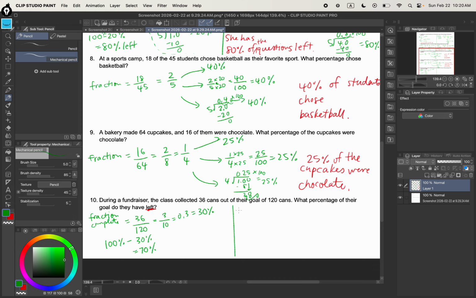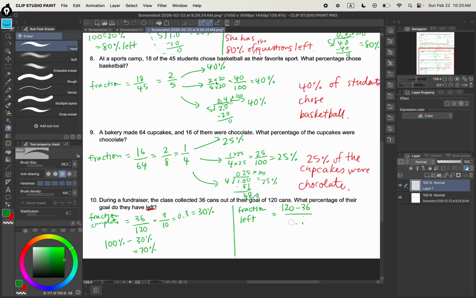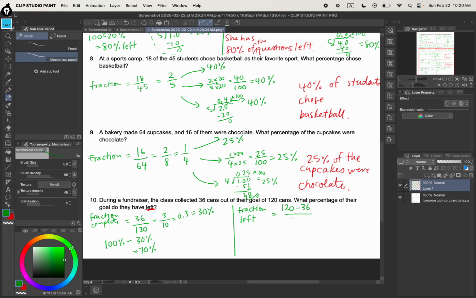The other way is I can make the fraction left. Okay. So there it's going to be 120 minus 36. That's going to be 84. That shouldn't be on the bottom though. That's my bad. Okay, so it's over total. 84 over 120. I can divide both by 12 again.